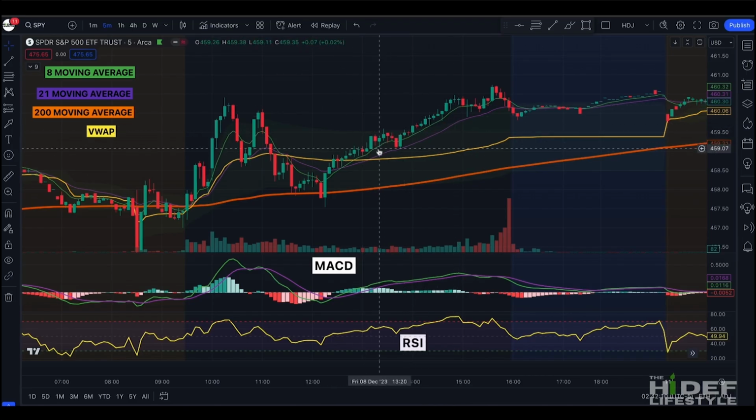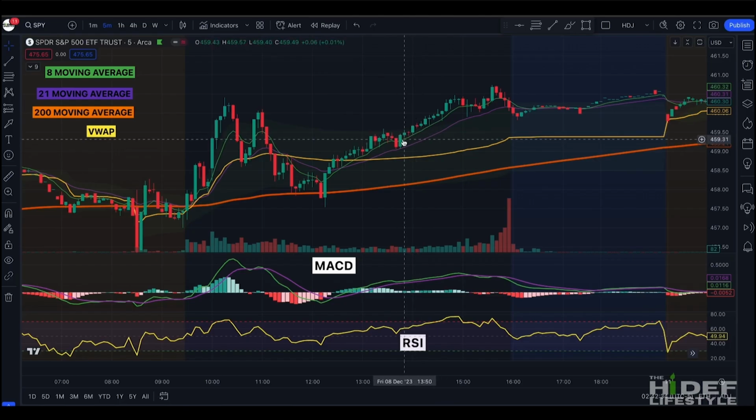So I'm looking for breaks in the 8, and especially significant breaks, like if this candle goes red and then you get another red candle that pushes through the 8 and the 21, now we may have a reversal in place. All right, so that's what I'm looking at when it comes to this 8 moving average.